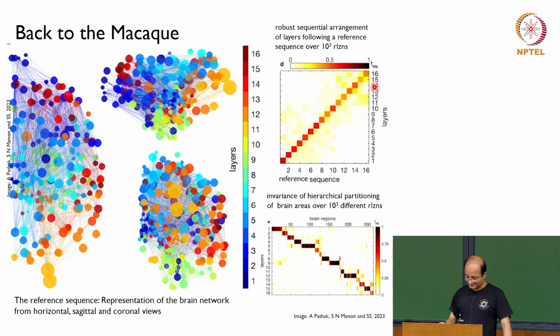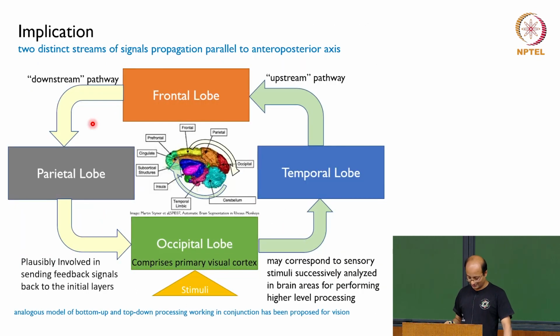So what you find is that across these different realizations, the membership of the different hierarchical levels remains fairly robust. And so this gives one confidence that this is a fairly accurate representation of how exactly the nodes are arranged in some kind of a hierarchical sequence.